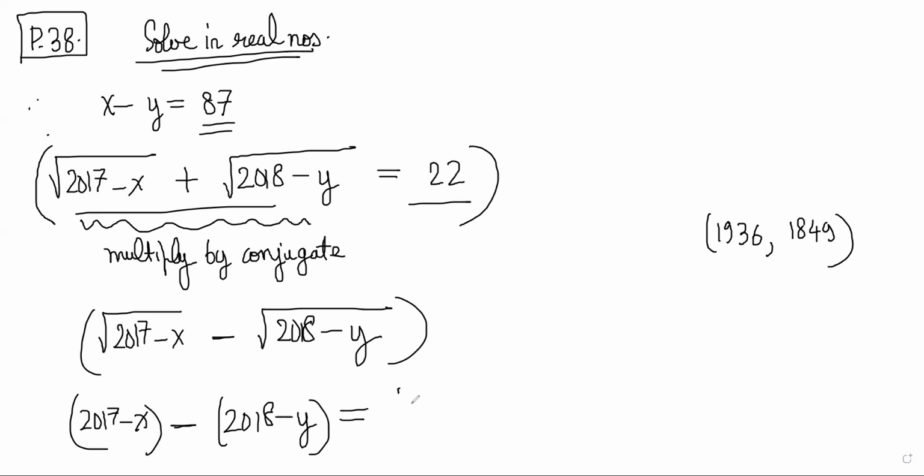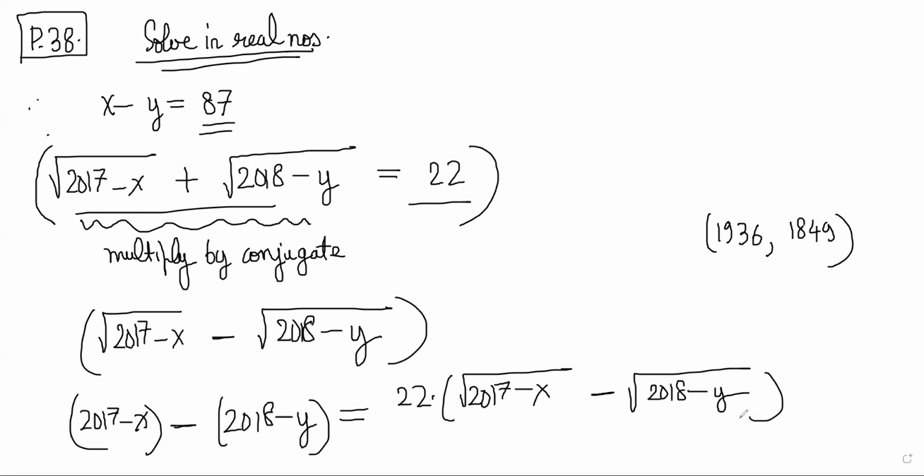On the right side, we will get 22 times root over 2017 minus x minus root over 2018 minus y, right? If you see here, this part is becoming basically minus 1 and plus y minus x, something like that, right? Yes, sir. So you're getting y minus x minus 1 is equal to 22 times of this thing.